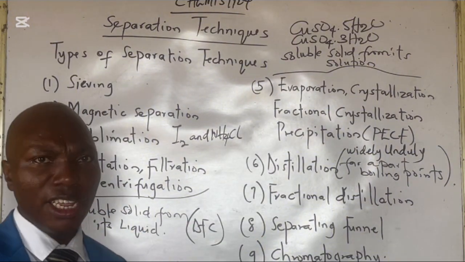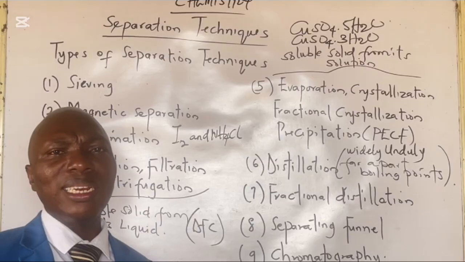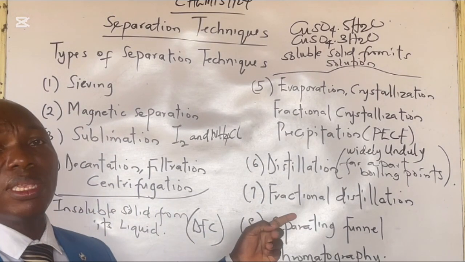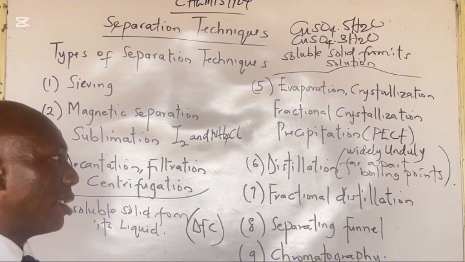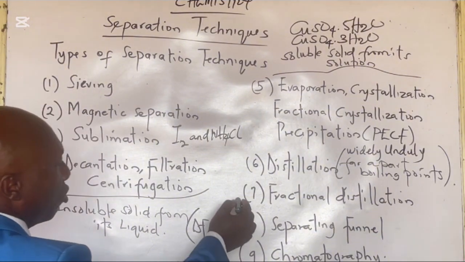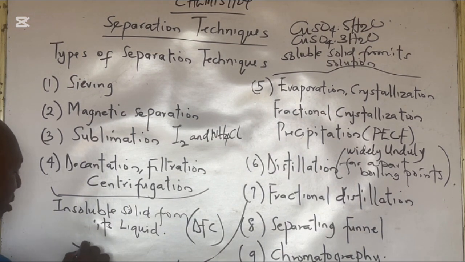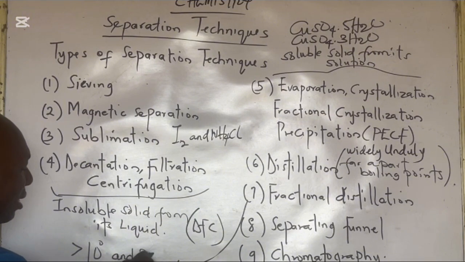We also have fractional distillation. Fractional distillation is also used to separate miscible liquids, that is liquids whose boiling points differ by greater than 10 degrees and less than 30 degrees.